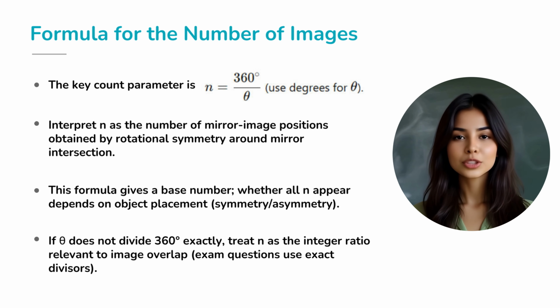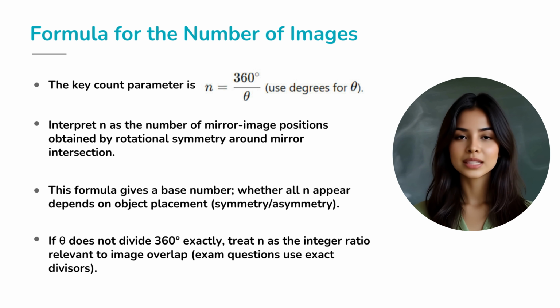Alright, now you must be wondering, exactly how many copies of me will the mirrors make? Physics gives us the magic formula. Number of images, n, equals 360 degrees divided by theta. I'll say it clearly, n equals 360 divided by theta.